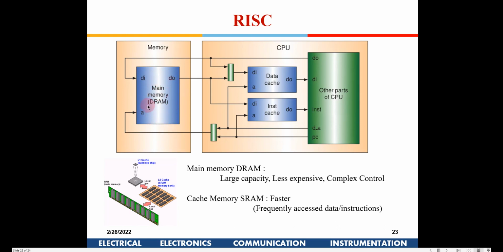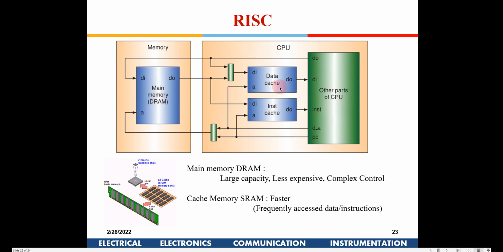DRAM is dynamic RAM, and the program resides in this DRAM and you are running it. But certain portions of the program will be referred to constantly. Every now and then you will keep referring to those particular lines of the program or certain data in the programs. So these are slightly slower.